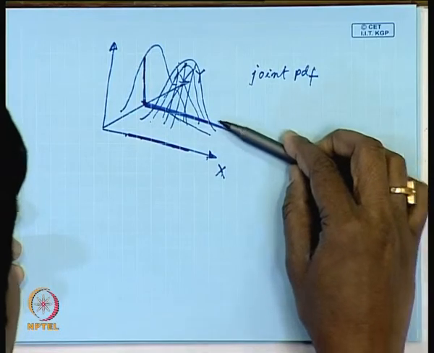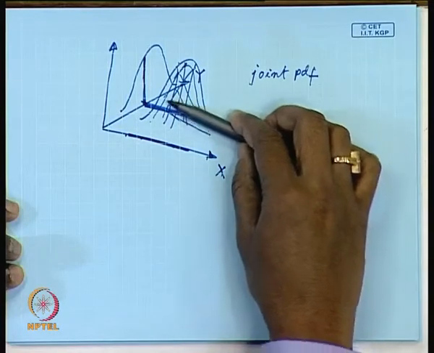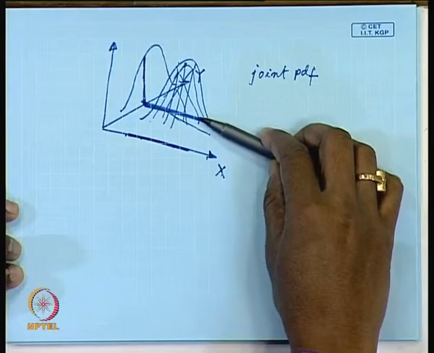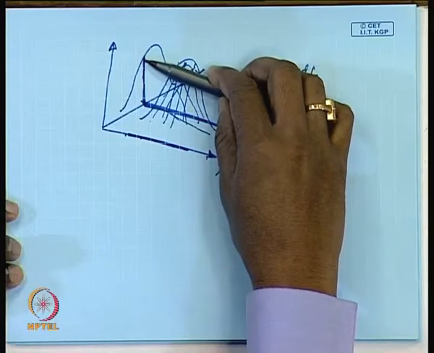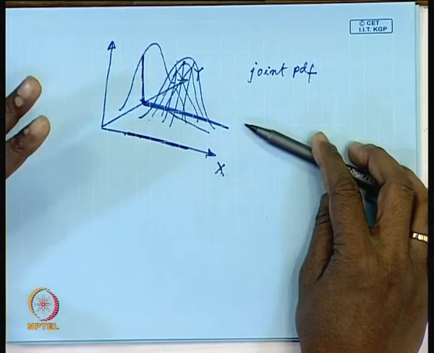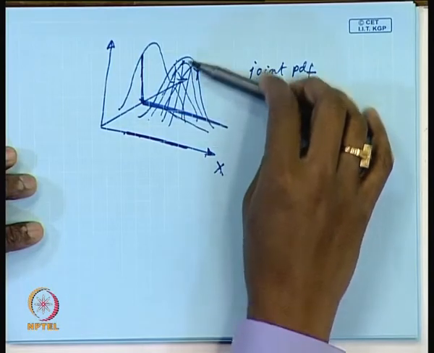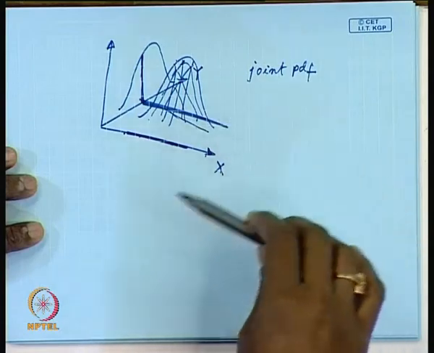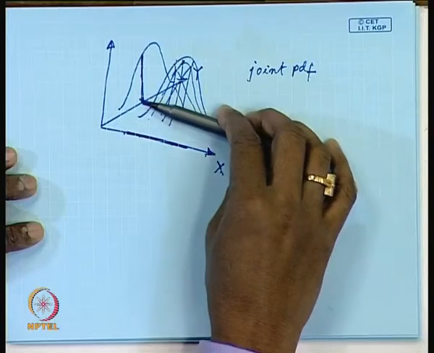So the light is coming through this, penetrating through this joint PDF surface. Whatever ordinate it gets, it goes on adding them, and at the end, in terms of its shadow, it produces one ordinate, which is the summation of all the ordinates. From the physical picture, the shadow would be the maximum height, but instead I am asking you to extend your imagination, that when the light passes through, it goes on adding the ordinates and producing the sum.